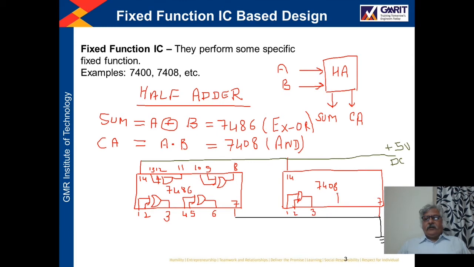Same way there is another second AND gate, pin number 4 and 5 are the inputs and 6 is the output. Now third AND gate and fourth AND gate.